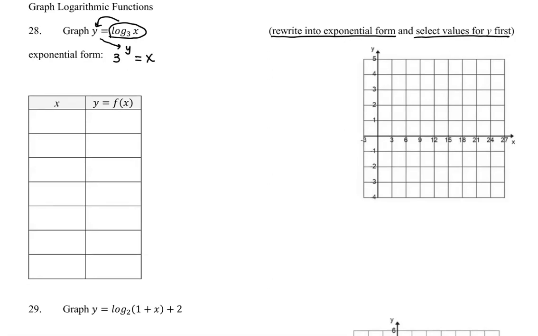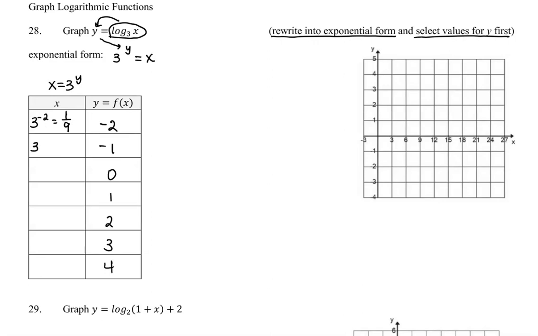So now we have an equation, 3 to the y is equal to x, for which we can plug in values for y and get out values for x. So I'm going to choose some values for y. Now that I've chosen some values for y, I'm going to be plugging them into this equation in order to get x. So for example, when y is negative 2, x would be 3 to the negative 2, which is 1/9.